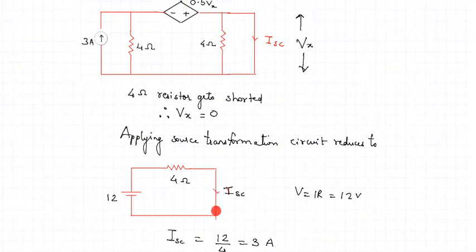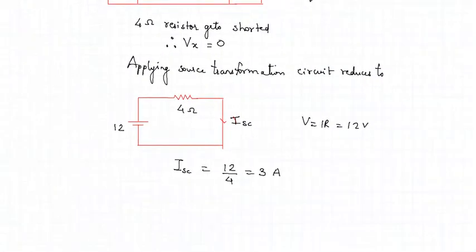We calculate the voltage source as V is equal to I into R. Applying the source transformation, we get 12 volts, the resistance in series, and the short circuit current ISC. The current which flows through this loop is ISC, and we get ISC to be 3 amperes. So by analyzing the circuit, we obtain the short circuit current as 3 amperes.